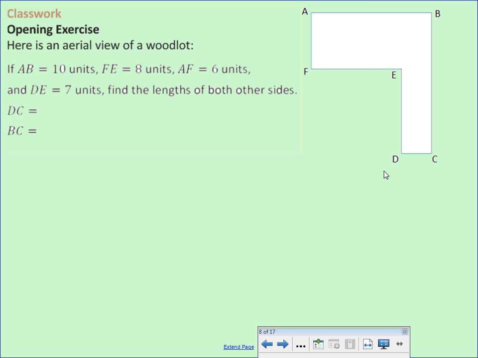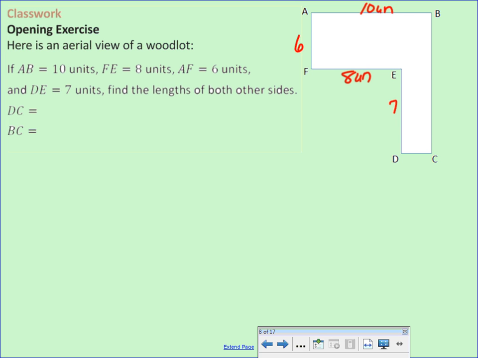If AB equals 10 units, you can label this on your notes. FE equals 8 units. AF equals 6 units. And DE equals 7 units.